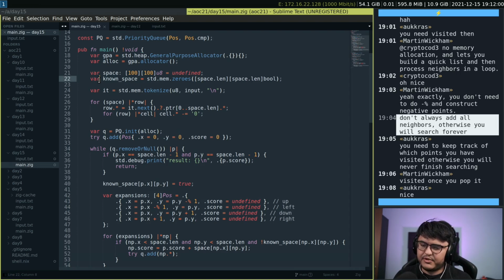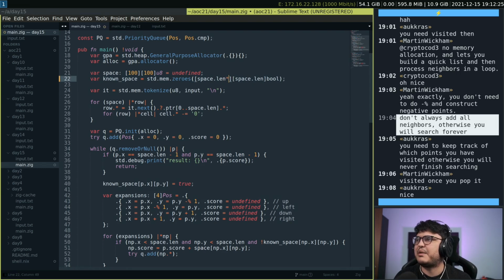But this is the moment where I actually realize that known space really shouldn't be a matrix. Well, it's not like unknown space is exactly sparse. But I think in this case, we can make it 5 times bigger. I think we can afford this being 5 bigger.